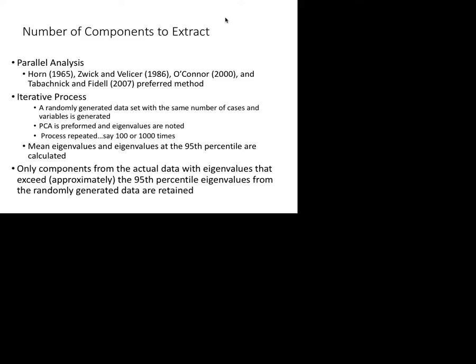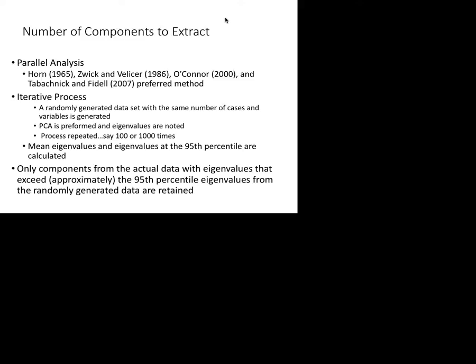Same number of cases, so the same height, and the same number of variables, the same width. But it's just random data. It's just garbage. It's just noise. Then we perform principal components analysis on that, and we extract the eigenvalues for those principal components analyses.